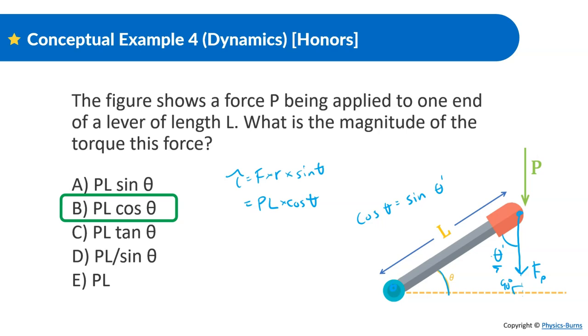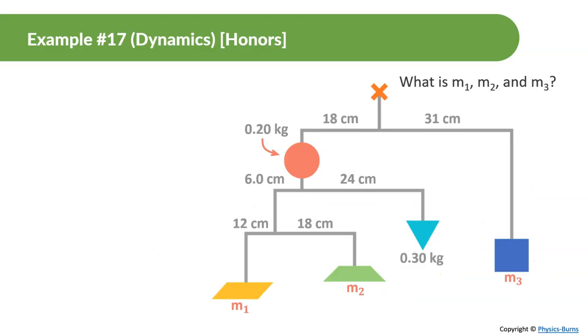Okay, moving on. A little bit confusing here. We have this thing that's all stable and not moving, and we're wondering what M1 is, what M2 is, and M3. A lot going on here. Pause it if you want to try to figure it out on your own, but I'm just going to get to it.